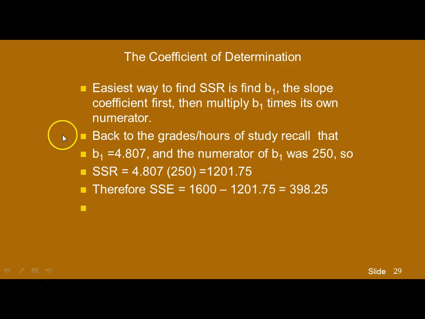You don't have to worry about proving this. Just take my word for it that if you take B1 times its numerator, you will get SSR. So if SSR is 1201.75, and we already had SST to be 1600, then SSE has to be 398.25. And we'll need that in some later calculations.